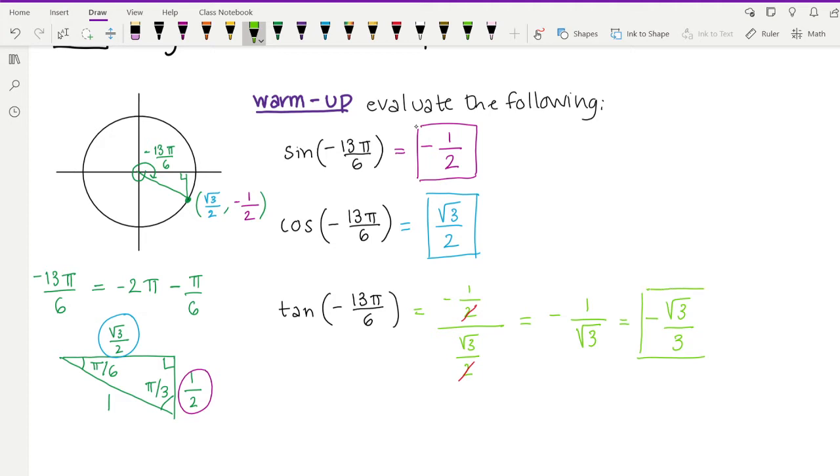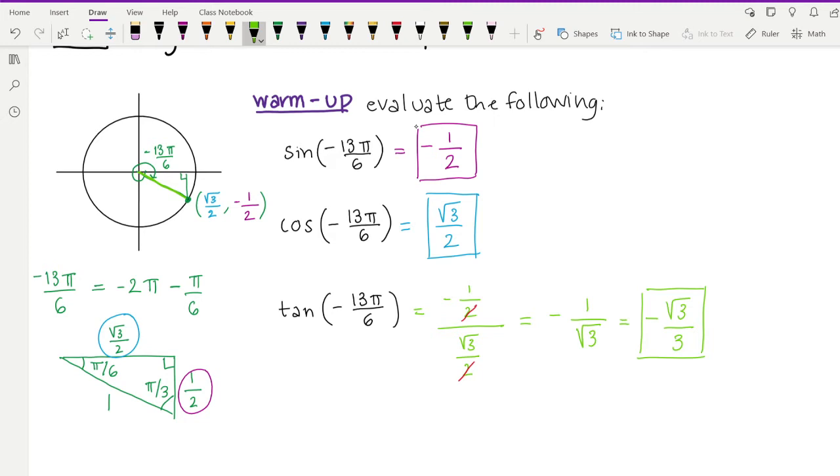One thing I mentioned at the very end of the last video was that tangent is the same as the slope of that terminal side. I'm highlighting it right now in the lighter green. If you look at the terminal side that we drew, if you found the slope of that, that should be tangent. Now that's not super helpful in actually evaluating tangent. To find the exact value of tangent, we do need to actually divide sine and cosine.